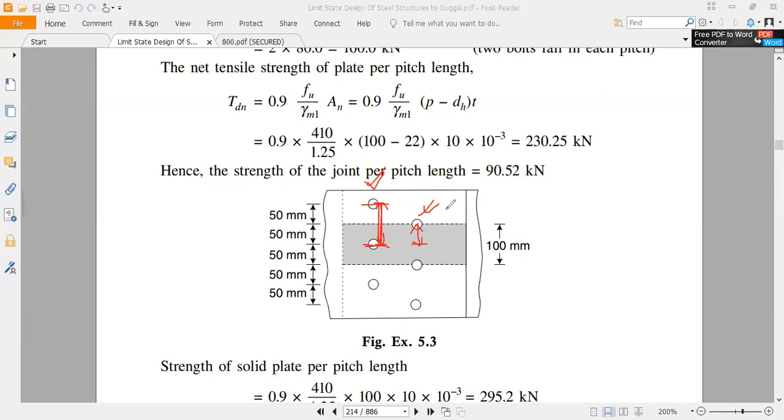And in this drawing, they have assumed this is the pitch, so they have randomly chosen this 100 millimeter. In this 100 millimeter, how many bolts are coming? Half bolt here, half bolt here, that is one bolt, and this is one bolt. So two bolts are coming. So the strength per pitch length in shear will be multiplied by 2.